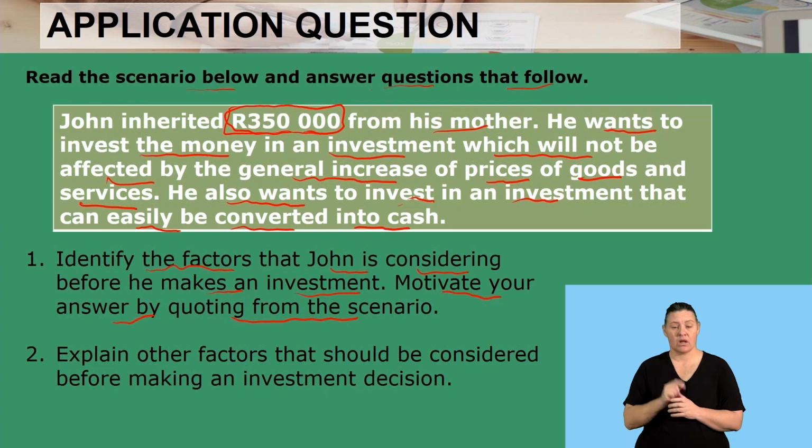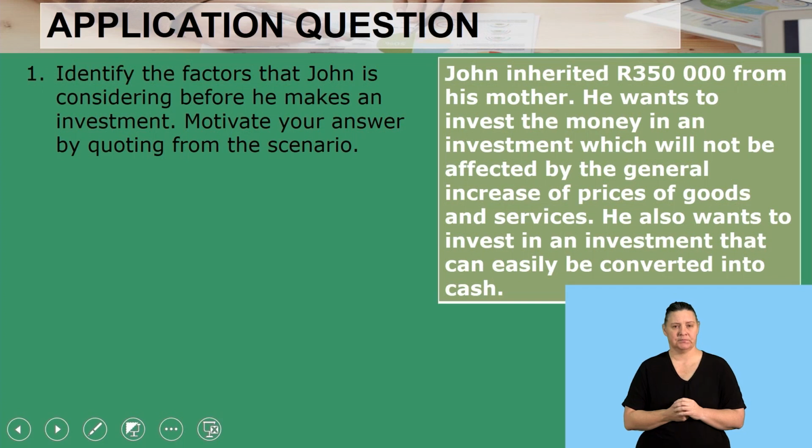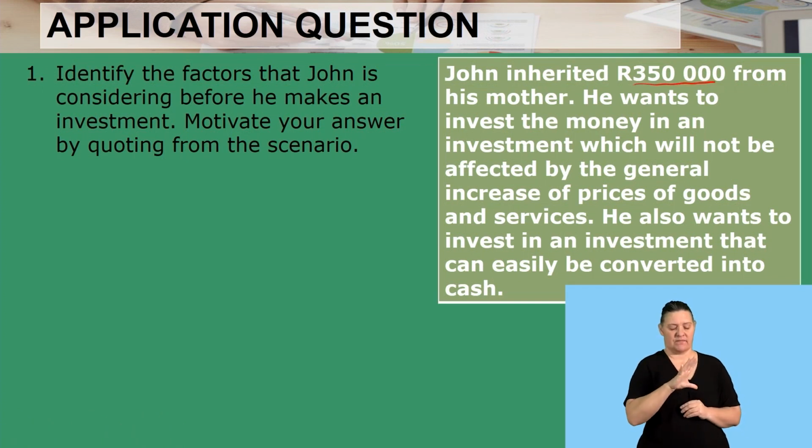Then question 2 says to us, explain other factors that should be considered before making an investment decision, besides the two factors that John is talking about. Now, let us try to answer this question. Again, John has 350,000. Oh, this is nice. A lot of money in John's bank account.